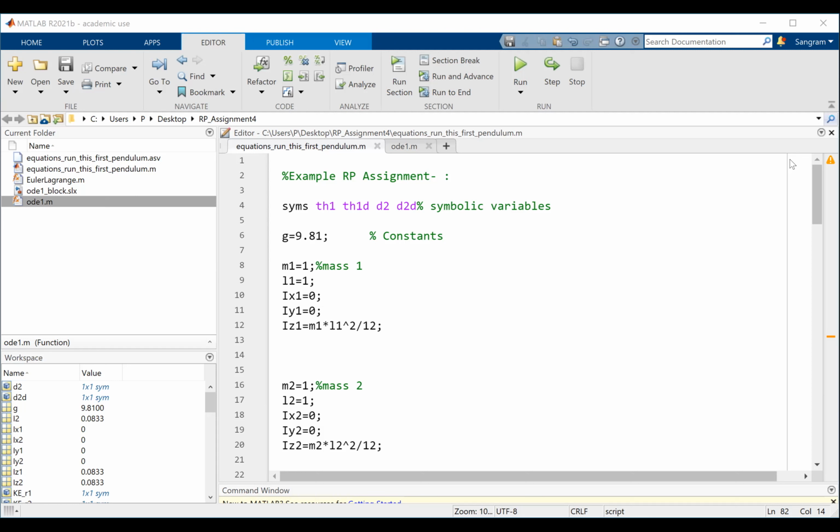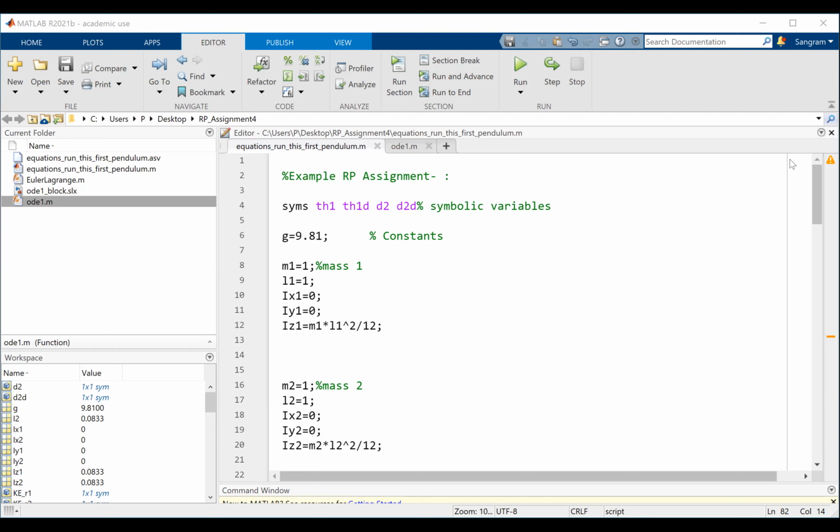Everyone understood this? Ideally it should be M1 times the parentheses L1 square plus W1 square, but since W is much less than L, I have M1 L1 square by 12.